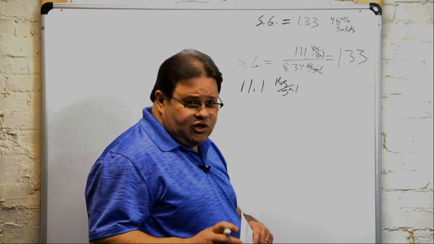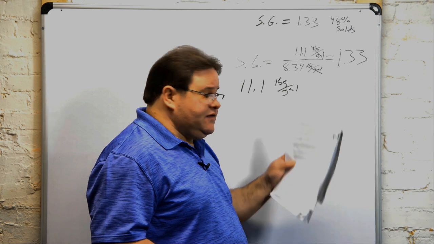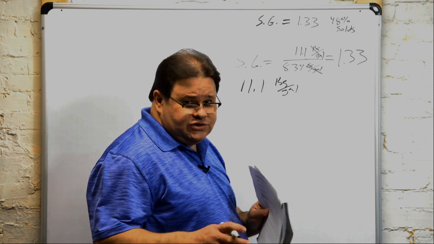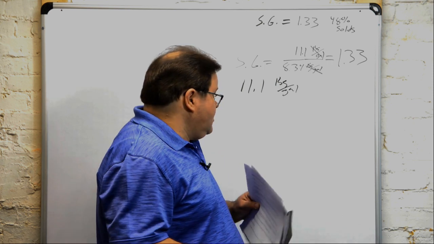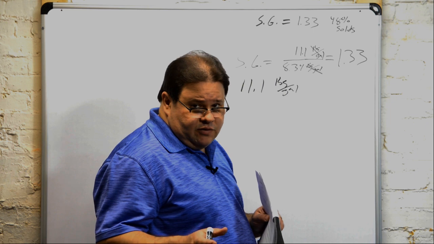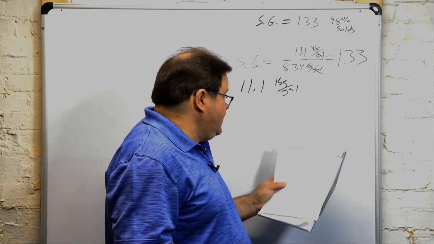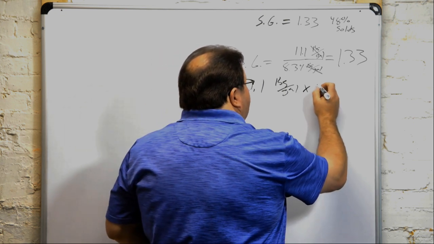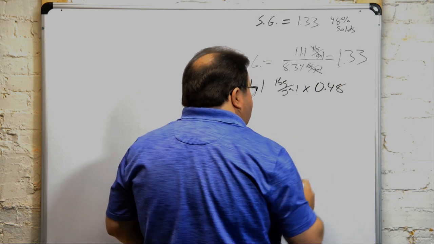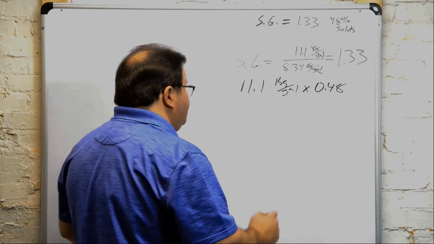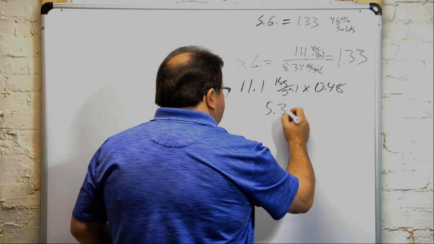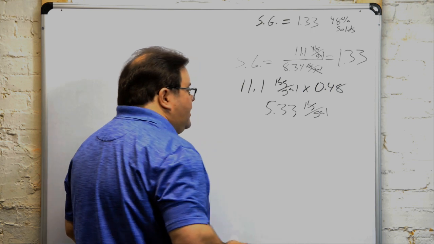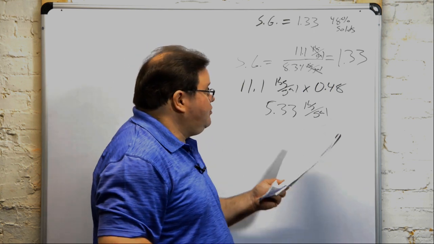So we need to know how much dry material is in that 11.1 pounds per gallon, so we can get a correct parts per million, which, as you know, is the same as milligrams per liter. I'm also going to do a video on the pounds formula to explain how that relationship works. To find out how much dry material is in there, we multiply by 0.48, and our result is 5.33 pounds per gallon.